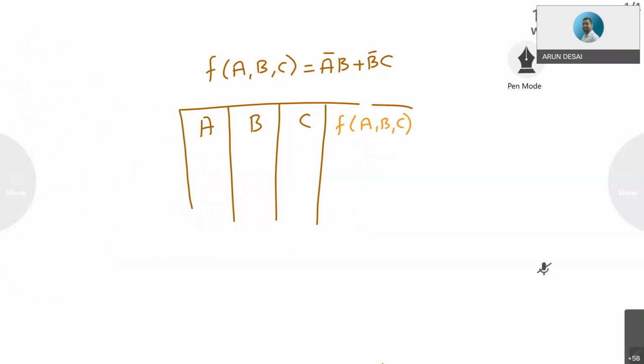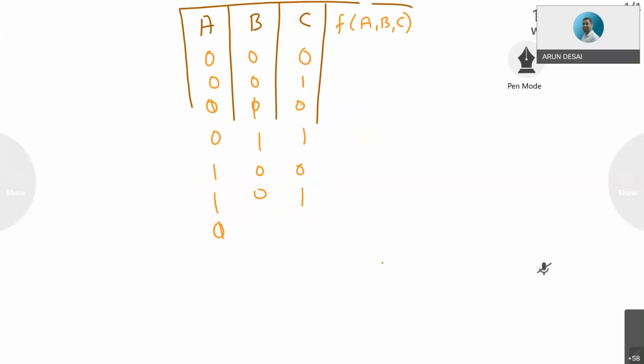So how is it denoted? See, 0, 0, 0, 1, 1, 0, 0, sorry, 0, 0, 0, 1, 1, 1, 0, 0, 1, 1.